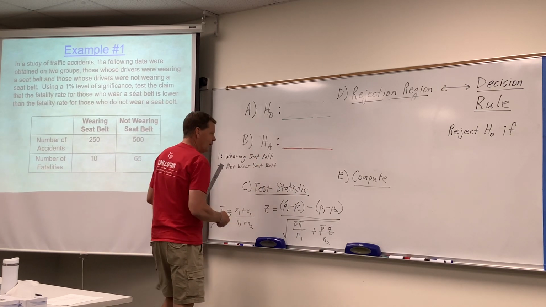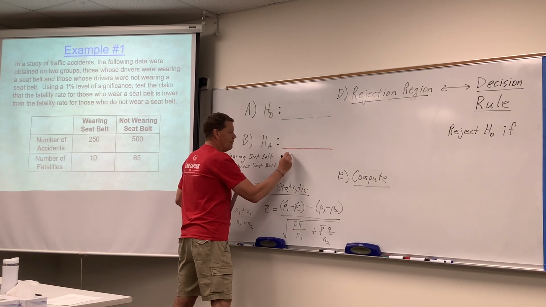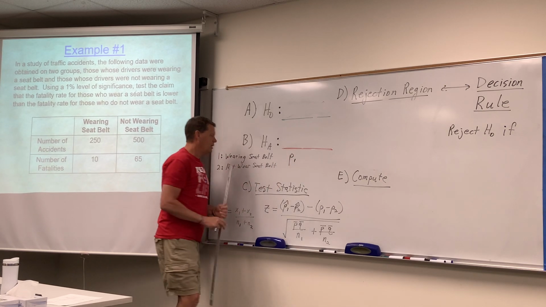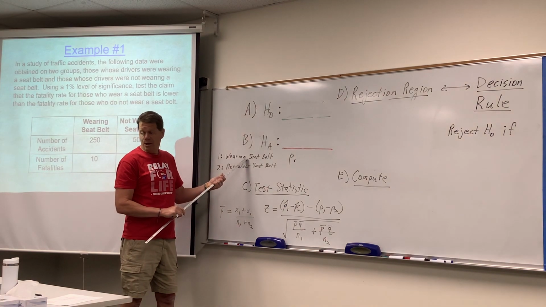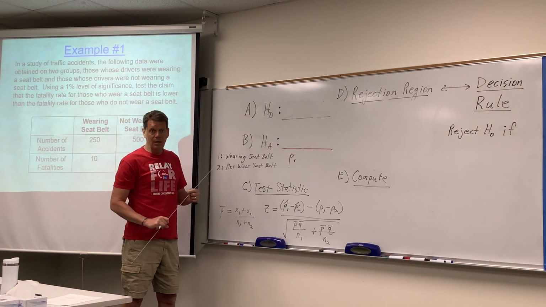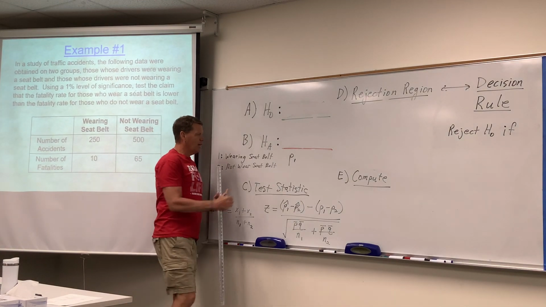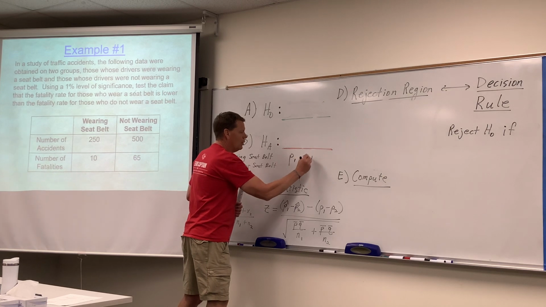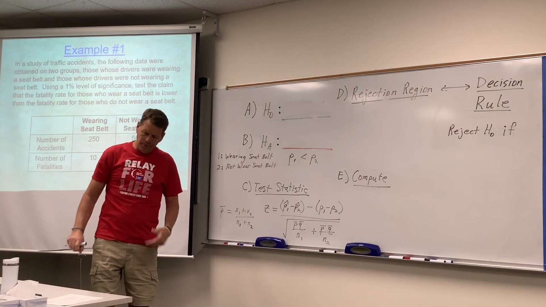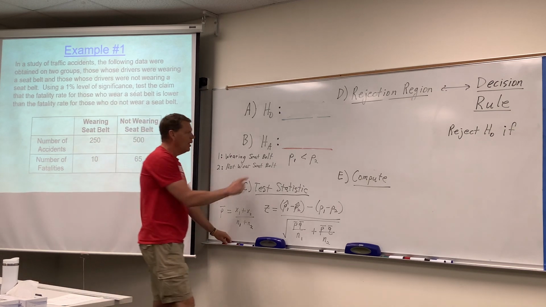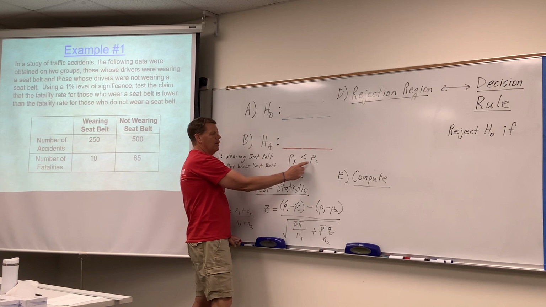Now what I like to do here is underneath here, I would say, is the fatality rate for people who wear a seatbelt would be considered P1, the percentage of people who wore a seatbelt and unfortunately resulted in fatality. Is that fatality rate lower than what it would be for the other population, people who do not wear a seatbelt? So is the fatality rate for people who wear a seatbelt, P1, lower than P2?